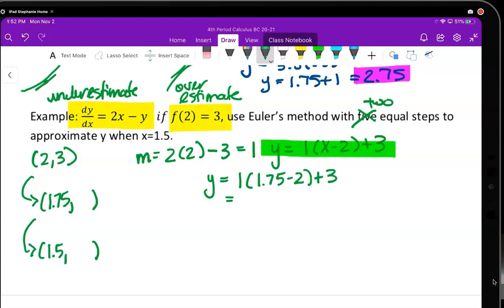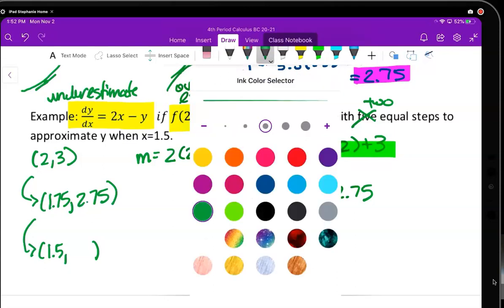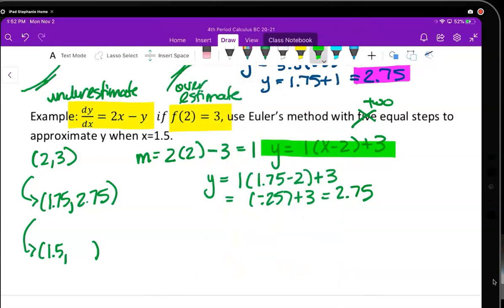So this is going to equal negative 0.25 plus 3, which would equal 2.75. If you're a little wobbly with decimals like I am, you might just double check it. I'm double checking, and yep, 2.75, I was right. So that's my new approximation at my halfway point. I used that equation to approximate this value.